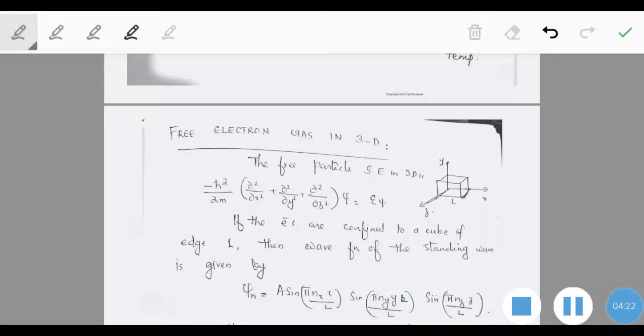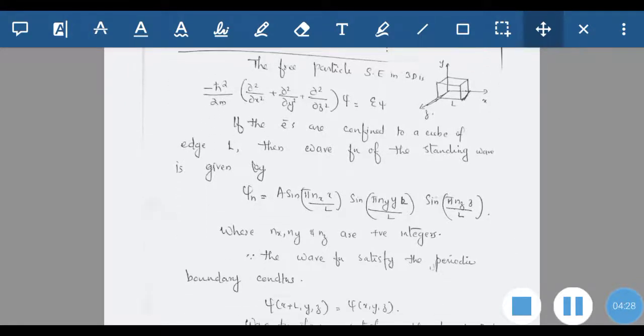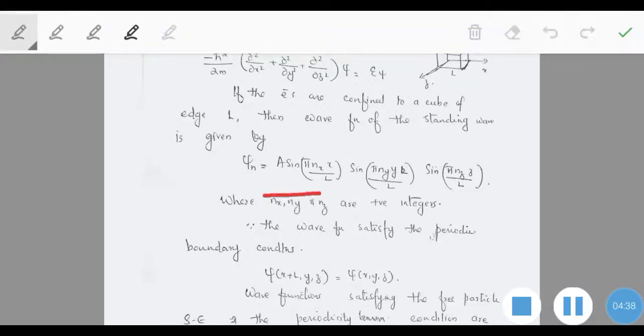So if the electrons are confined to a cube of edge L, then the standing wave solution of these electrons confined in a cube can be expressed as ψn is equal to A sin(π nx x/L) sin(π ny y/L) sin(π nz z/L).